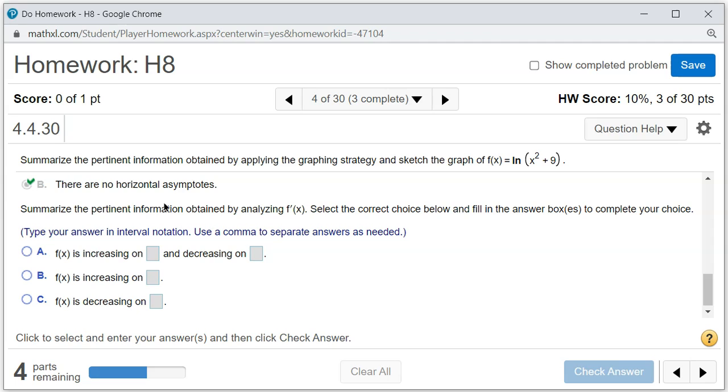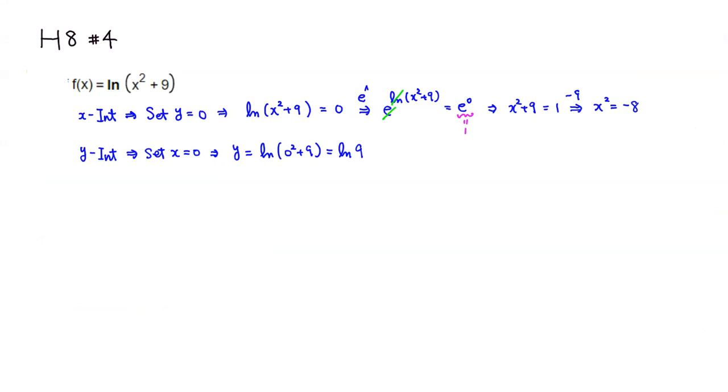And then let's see, summarize, oh, increasing, decreasing behavior. Let's look at the derivative. f prime of x is equal to, remember that when you have a natural log of something, you put the expression inside the natural log on the bottom, take the derivative of that and put it on top, so it's 2x.